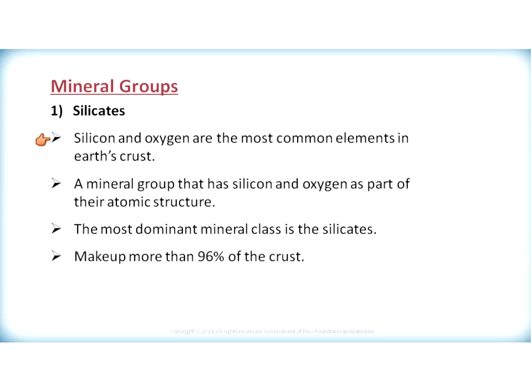Therefore, silicates will be the most common mineral group found in the Earth's crust. A mineral group that has silicon and oxygen as part of their atomic structure would be called a silicate. The most dominant mineral class in the Earth's crust would be the silicates, and they make up more than 96% of the Earth's crust.